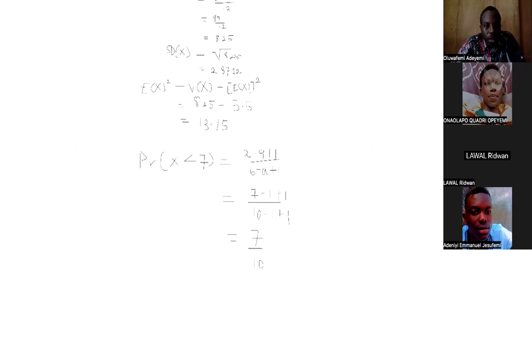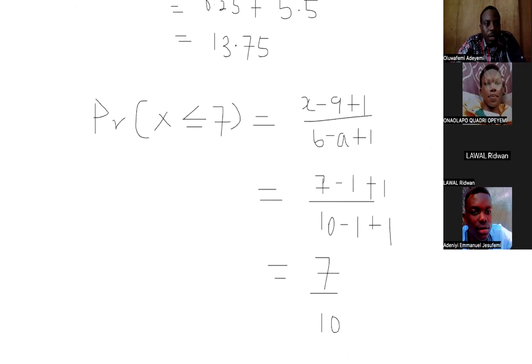Okay, so we're going to have 7 over 10 as our probability. So don't forget we have a less than or equal to sign here. So that's it.